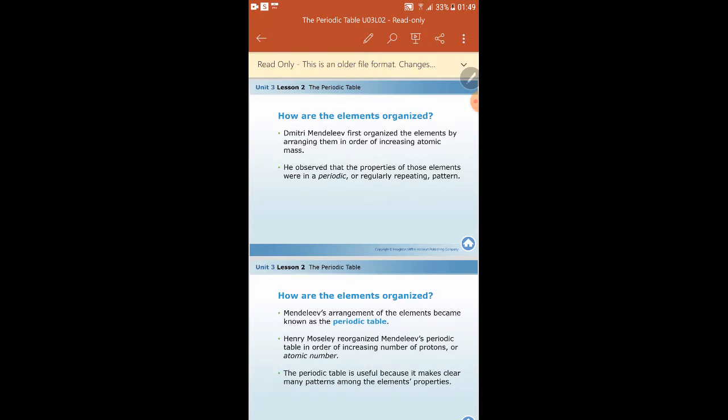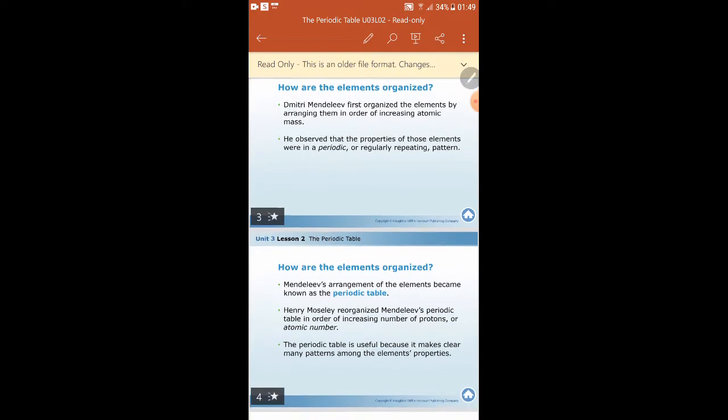He depended on the atomic mass, and we explained now what the atomic mass is. He arranged them by the increasing atomic mass, from the least mass to the greatest mass. He put them in a table. Then this table was named the periodic table.